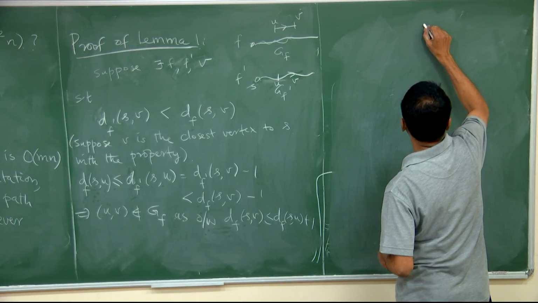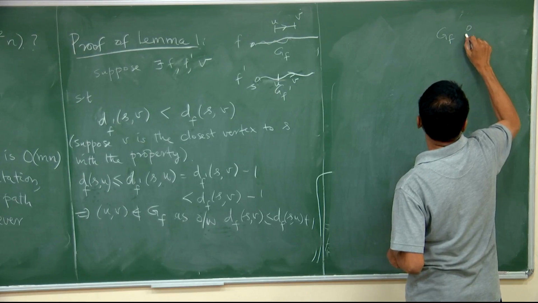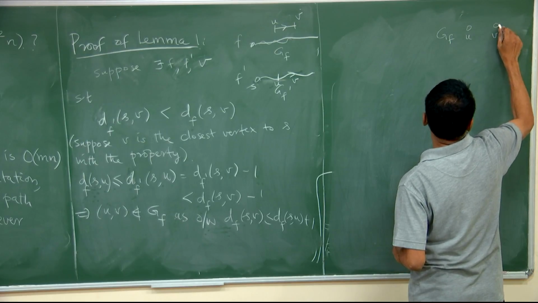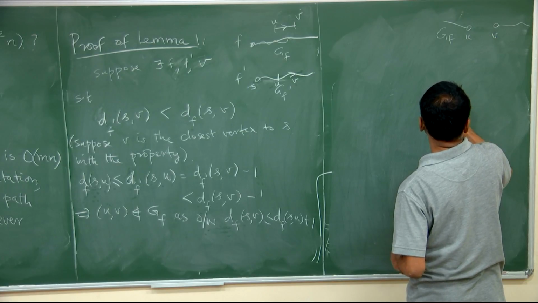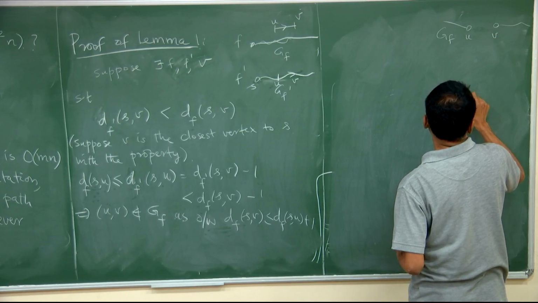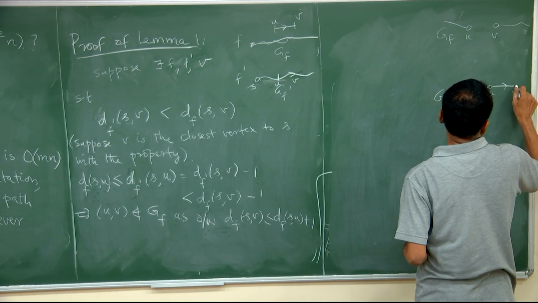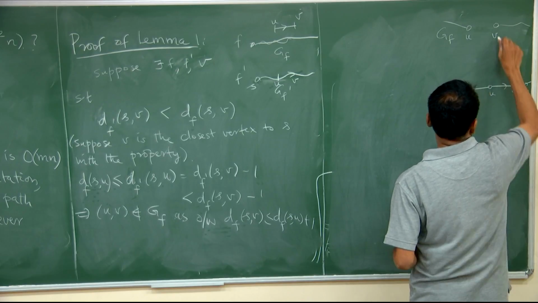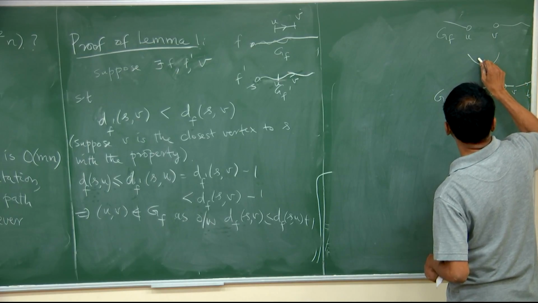So this edge in GF was not there. But in GF prime, I had the edge S, U, and then T. So that means in between, there was a flow from V to U.